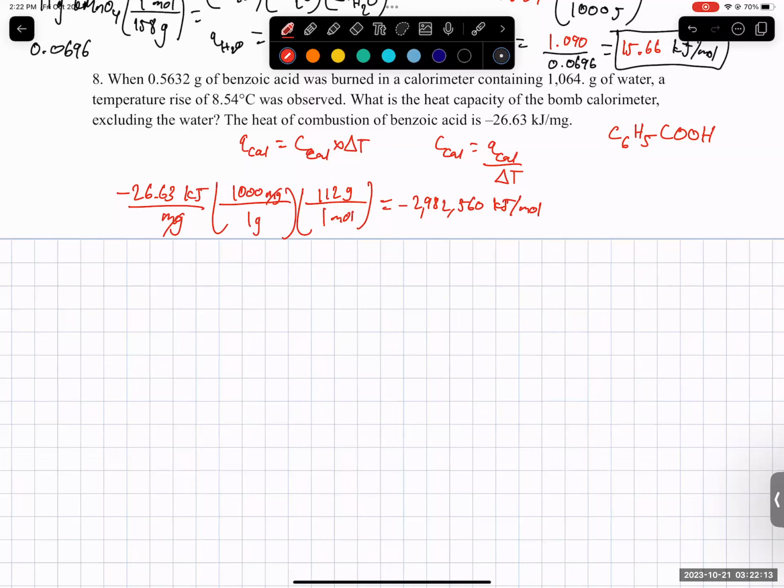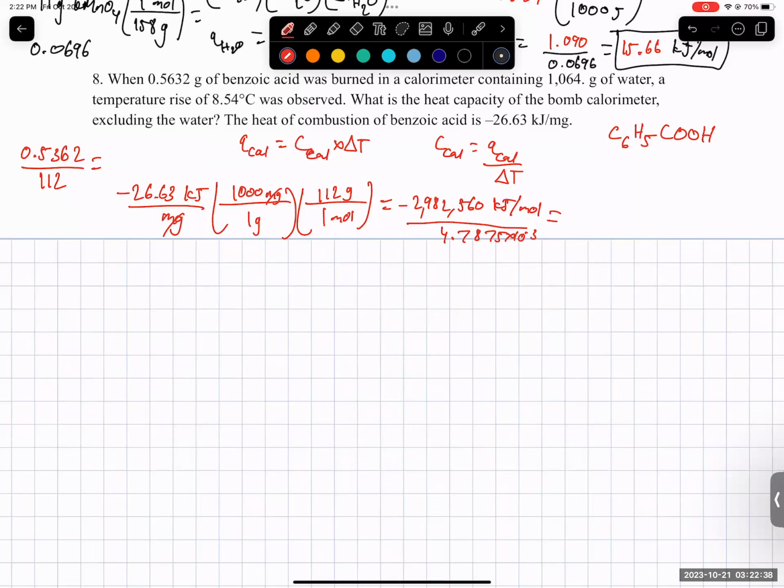So do that. We multiply by the moles of benzoic acid. So 0.5362. Then there are 112 grams here for every 1 mole. So we get 4.7875 times 10 to the minus 3.